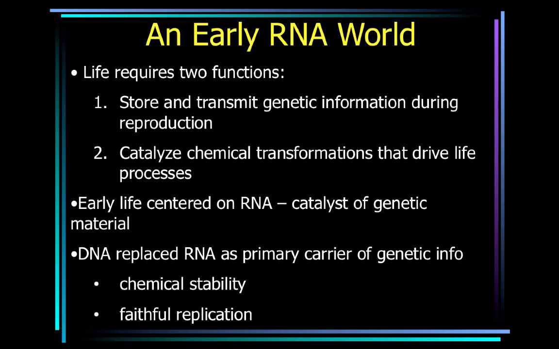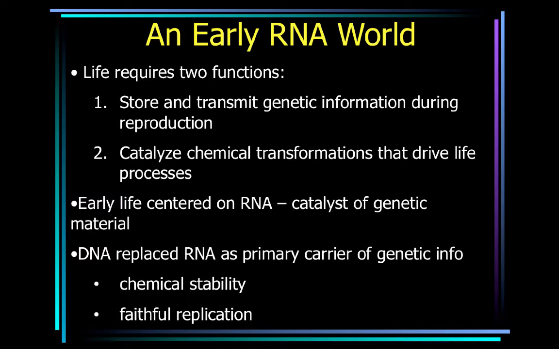The first is to store and transmit genetic information for the reproductive process, so that's going to be meiosis and mitosis. And the second of the two functions is that life really requires a chemical transformation, some sort of catalyst that drives that process or that protein expression.